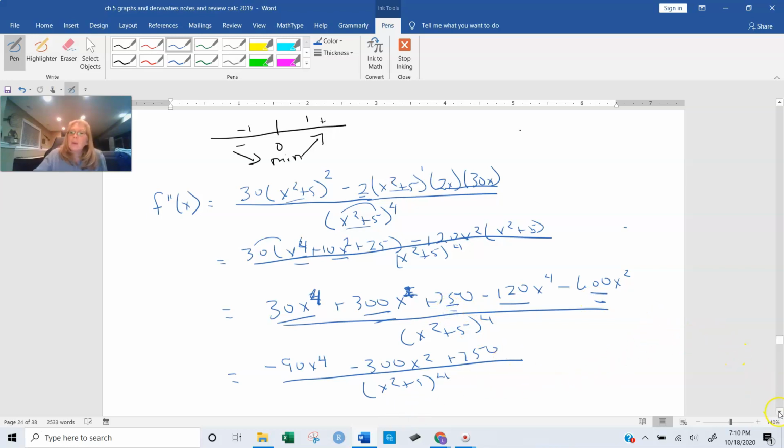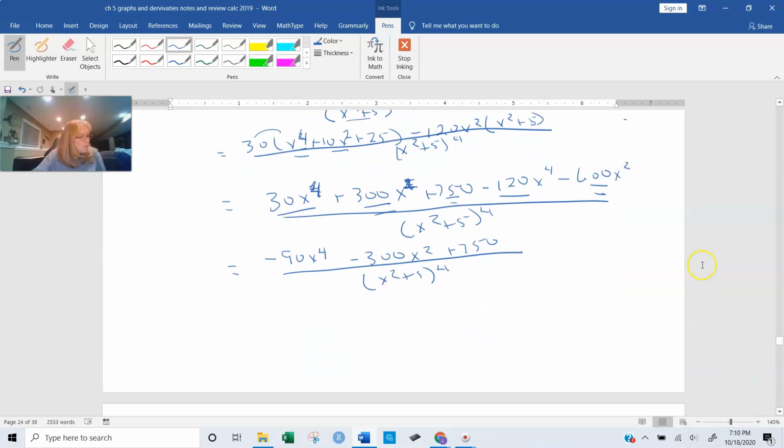All right, now that we have our derivative, we have to set that equal to 0. So this is minus 90x to the 4th minus 300x squared plus 750 equals 0. Take out a negative 30, giving us 3x to the 4th plus 10x squared minus 25.